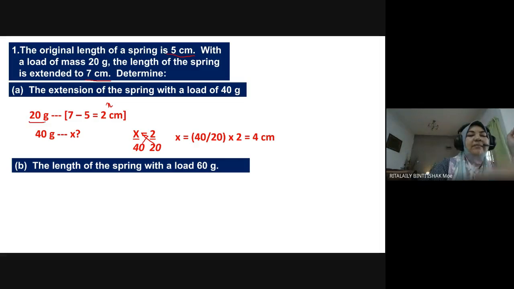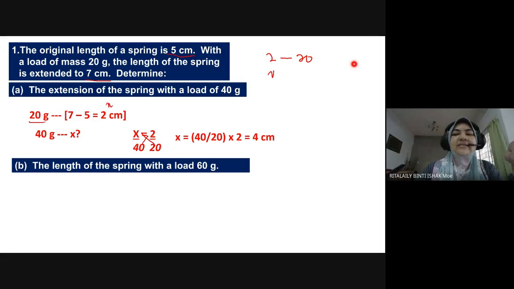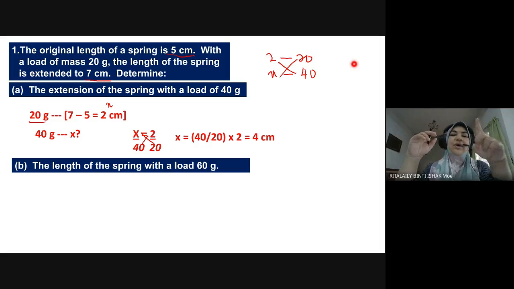Ini macam what we call in bahasa Melayu is perkadaran. 2 cm you get 20. So X for 40 you get Y. Okay, so this is what I said before as one of the methods.